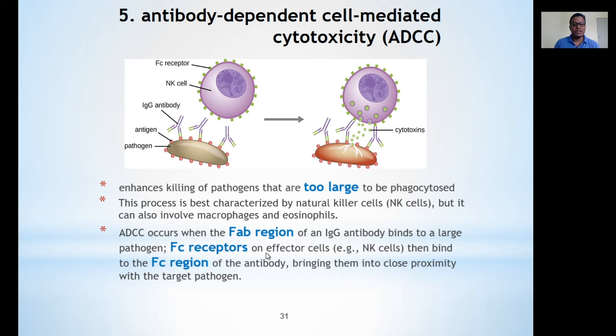The Fc receptors on the natural killer cells then bind to the Fc region of the antibody, like a lock and key mechanism.